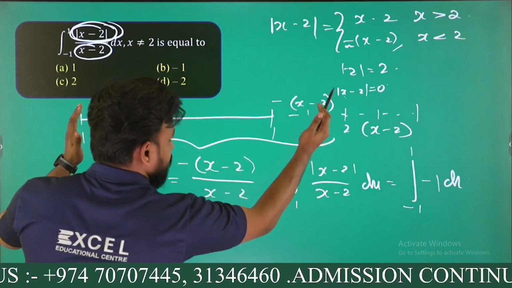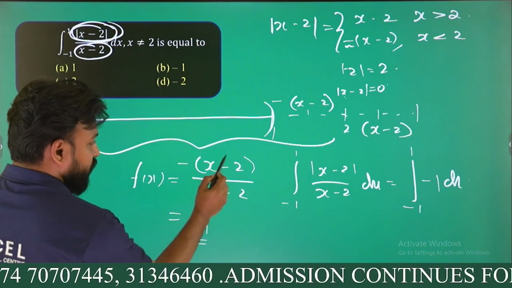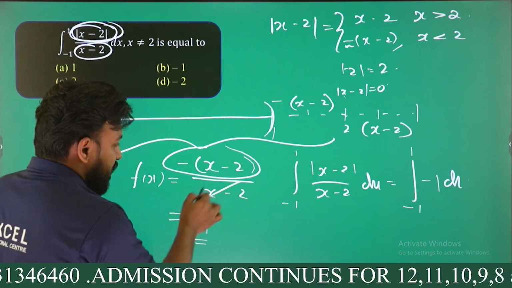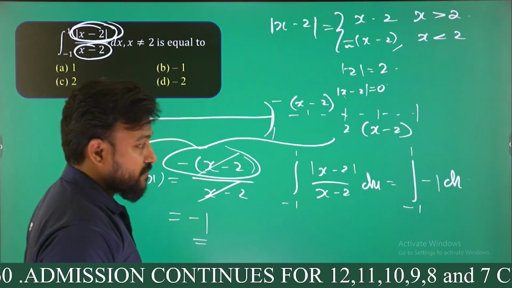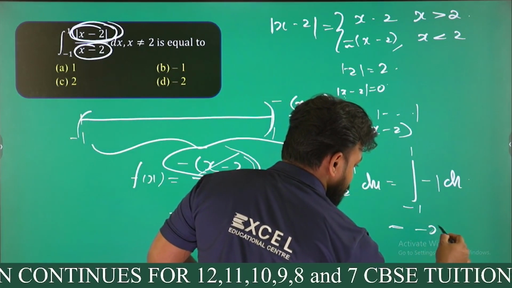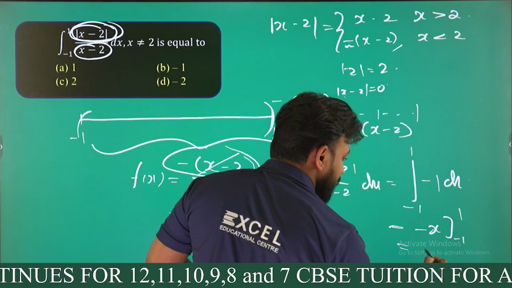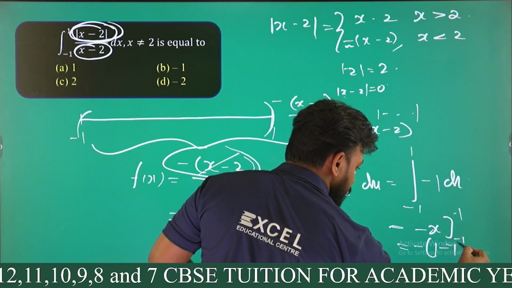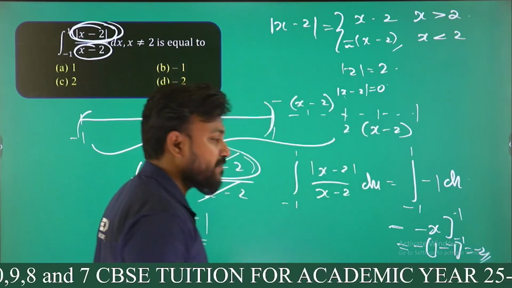You can cancel these two x minus 2s, you will get minus 1. Then you can directly integrate it. What you will get? Minus x with limits minus 1 to 1. Put the upper limit first, so minus 1 minus minus 1 gives minus 2 as your answer.